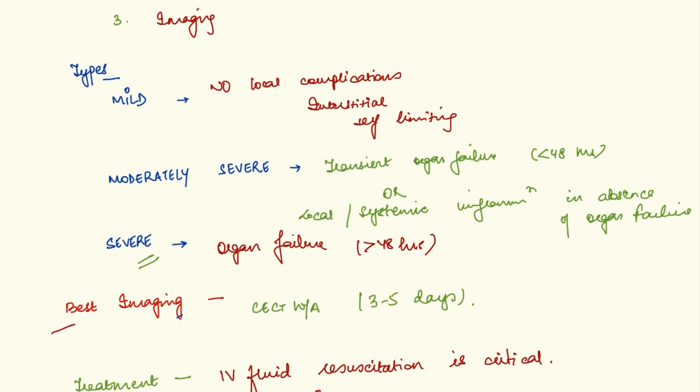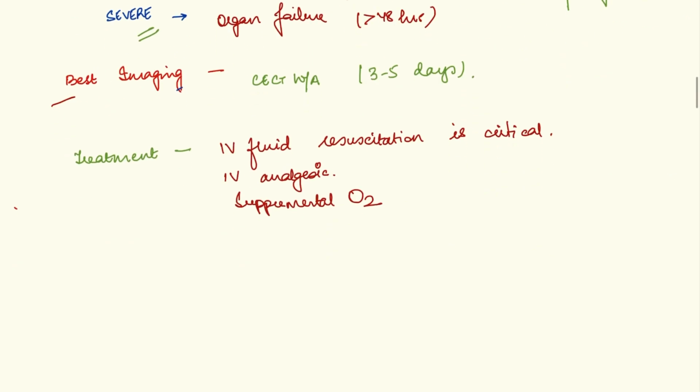If there is any injury to the organs, like lung injury with decreased saturation, then we can give supplemental oxygen. We also check for kidney injury. We have to find the cause. If there is gallstone, we need to perform a cholecystectomy after the pancreatitis has improved.